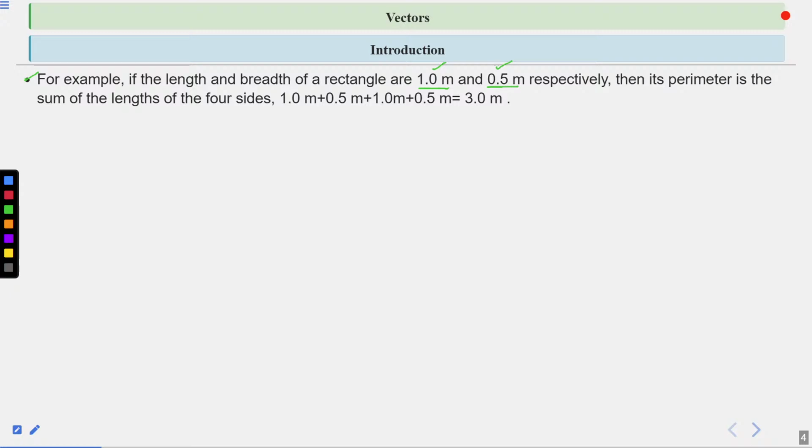We can add the sides of the rectangle: 1.0 meter, 0.5 meter, 1.0 meter and 0.5 meter. When we add all these terms, we get 3.0 meter. Look here, the magnitude is 3.0 and the unit is meter. So this is a scalar quantity along with its proper unit.